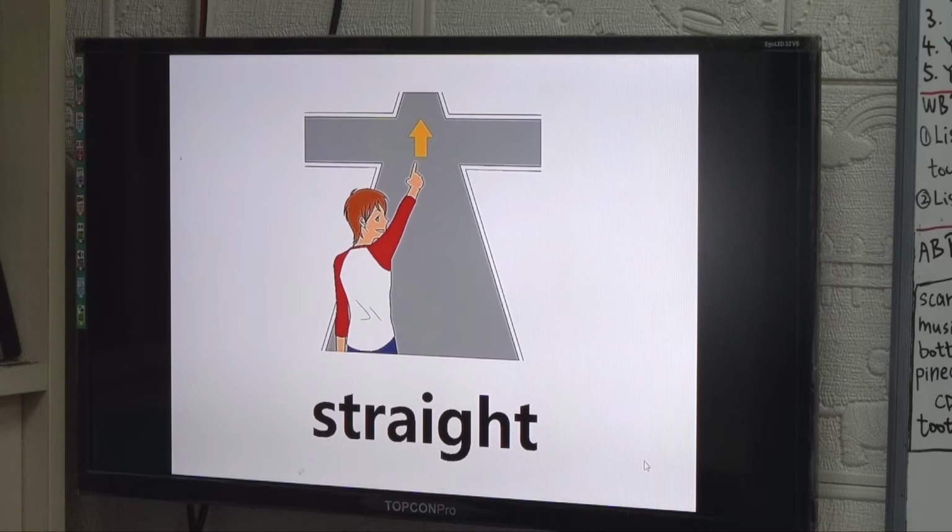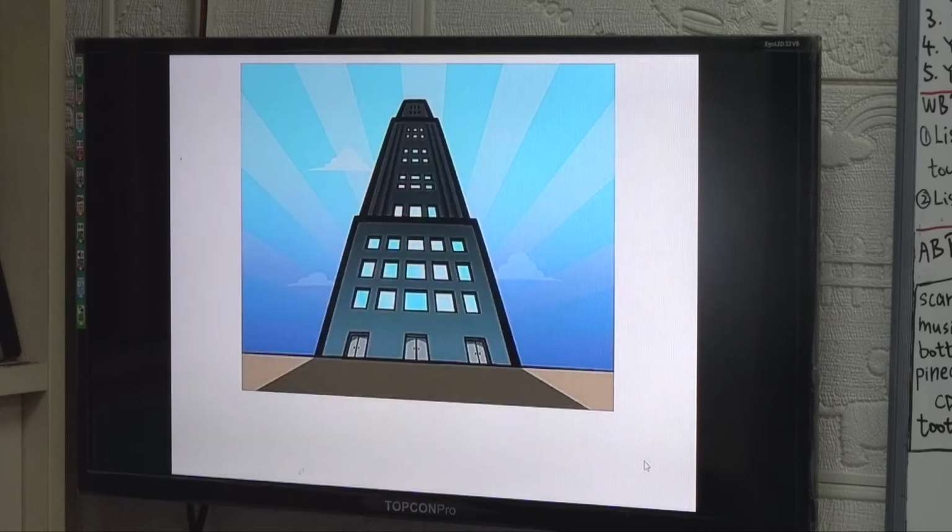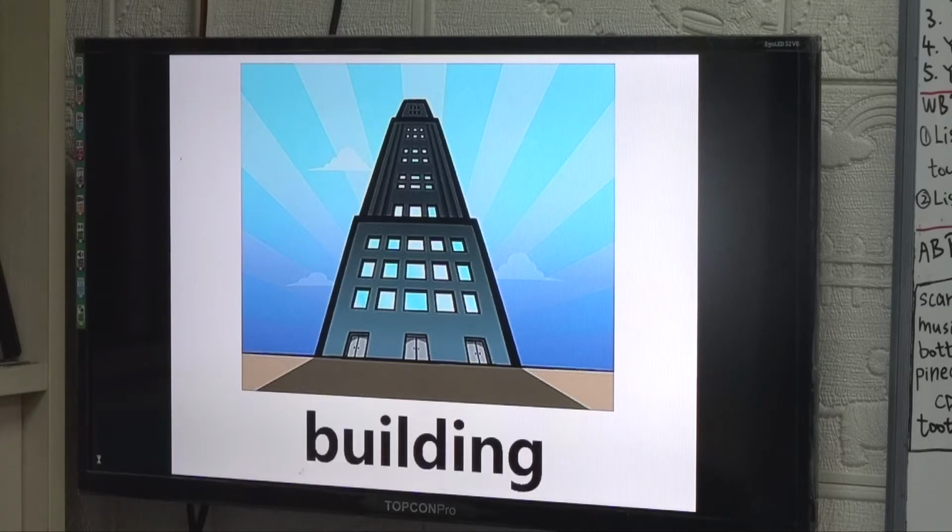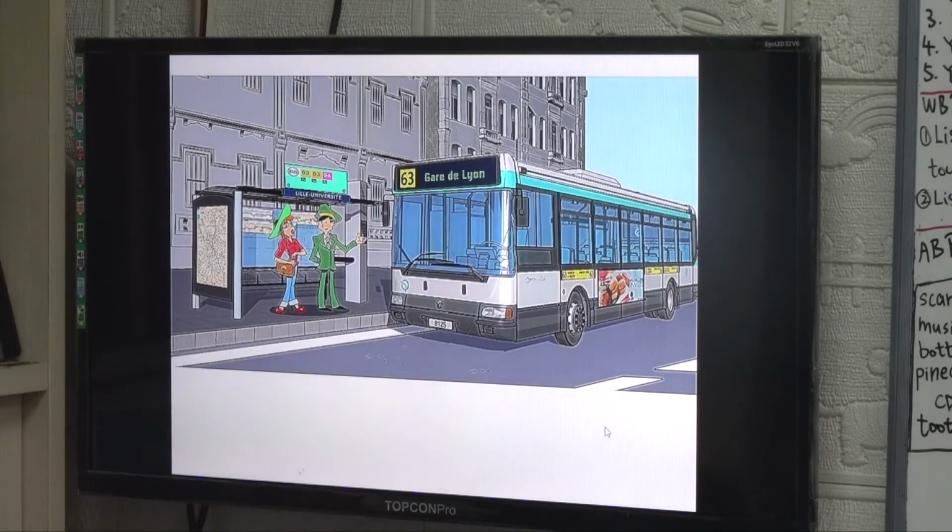After that, what is it? This is something that has many floors, right? That's a building. Let's spell BUILDING. Building.